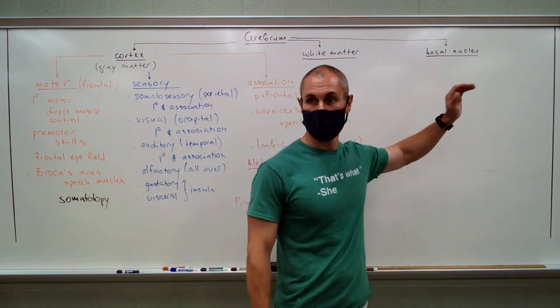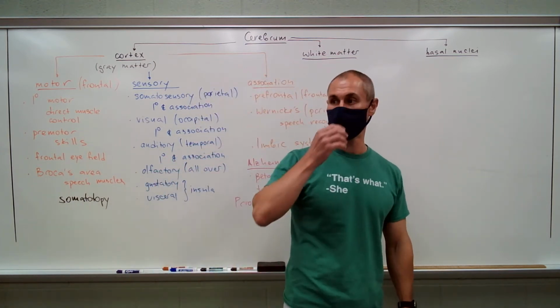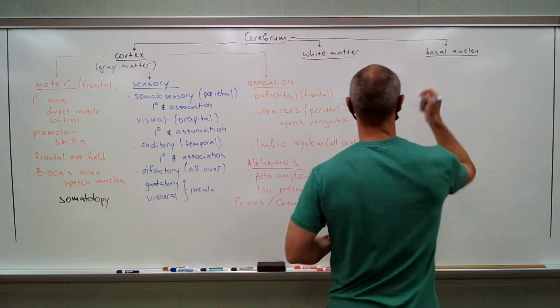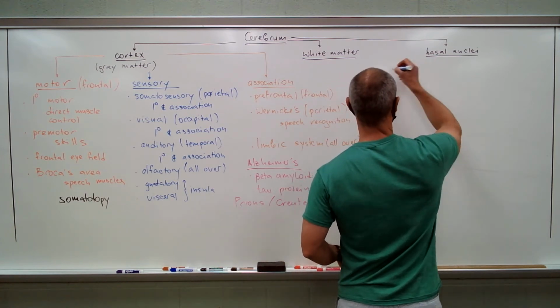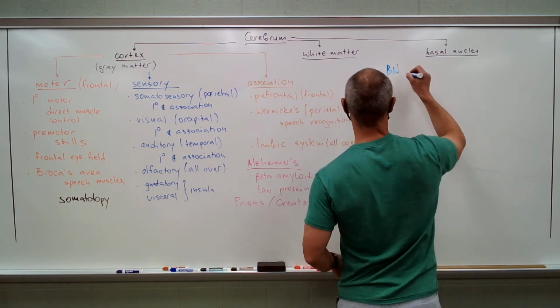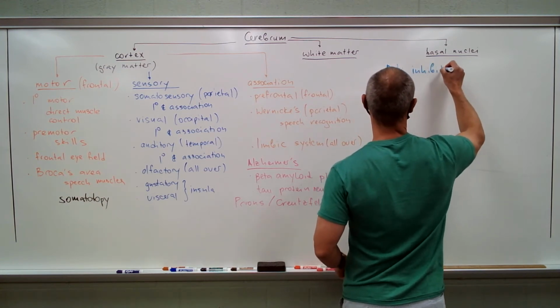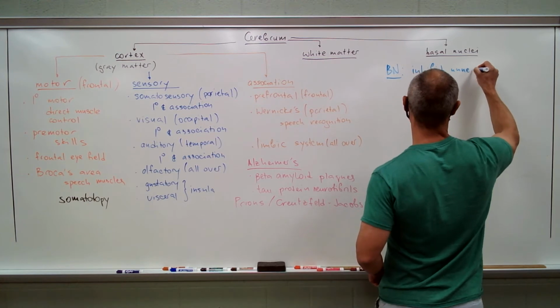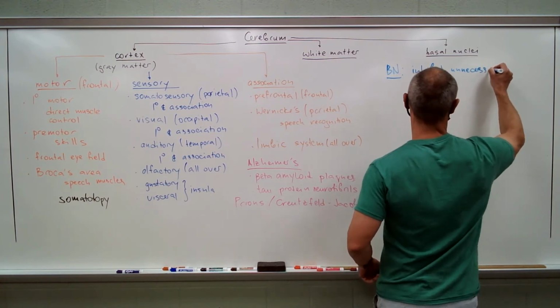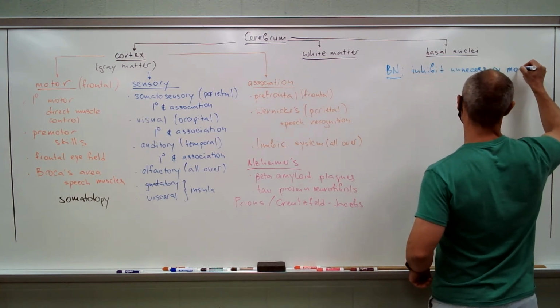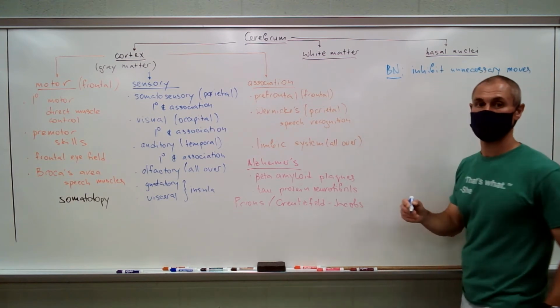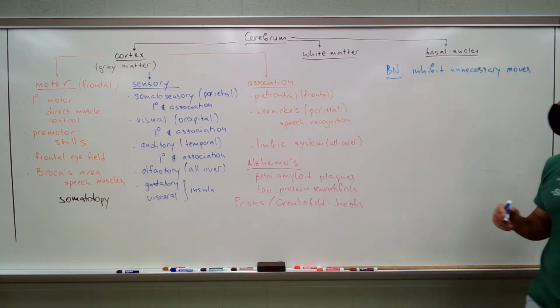Basal nuclei and cerebellum provide an even higher level of control. So what they do, very briefly: basal nuclei, those are multiple structures, they inhibit unnecessary moves. Okay?